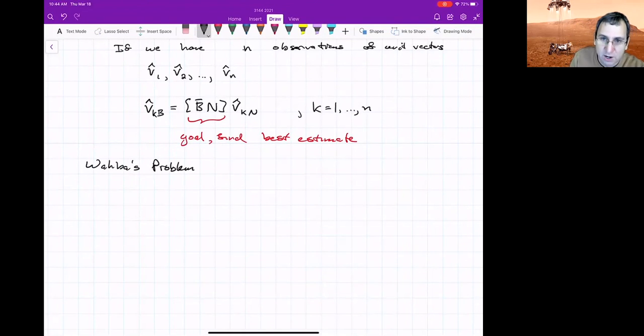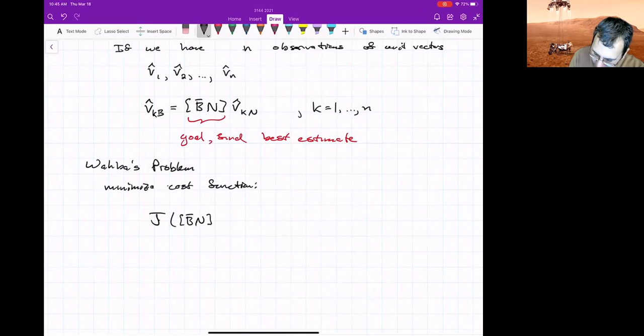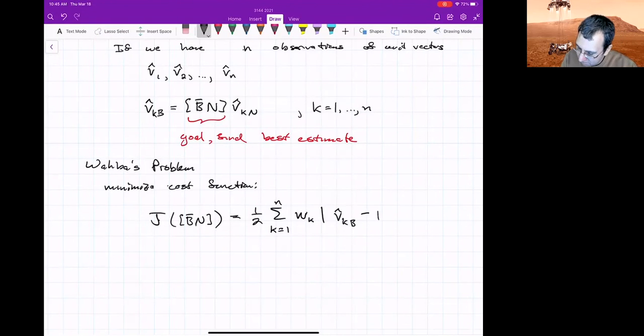What we do is come up with a cost function. So we want to minimize a cost function. We'll have to talk about the solution next time when we get to this, but the cost function, it's a cost function for getting the best estimate of this matrix, and I'll use J. This is 1/2, sum K goes from 1 to n. We could put weights on each of these measurements, but we're writing V hat K in the body fixed frame minus B N V K in the inertial frame, right?